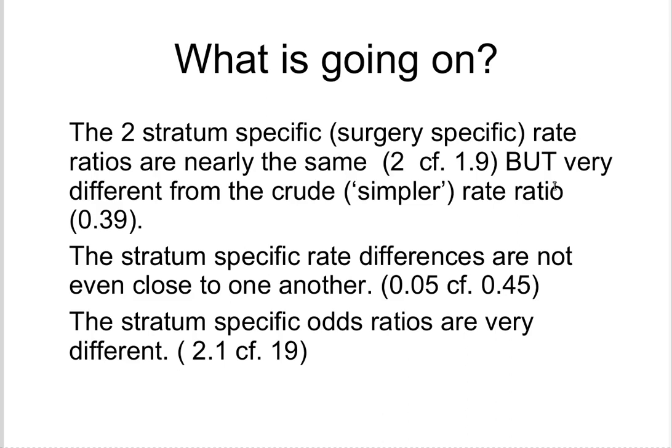And in one group, that change in direction gave us two numbers for the two surgery types that were fairly close to one another, but way different from the one that didn't acknowledge the surgery type. On the other hand, for the rate difference, or the odds ratio, we got differences and odds ratios that are different in the two surgery groups. Oh my.